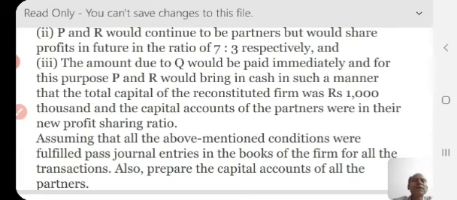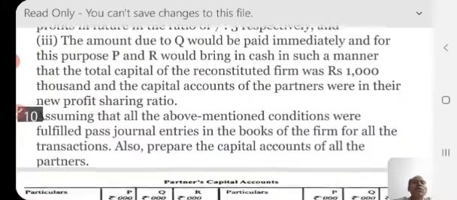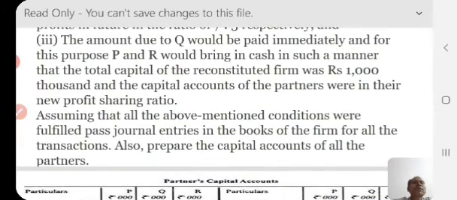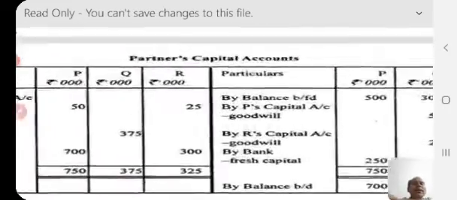For this purpose, P and R would bring the cash for capital. The total capital of the reconstituted firm was 1,000 thousands. So these are the capital accounts.